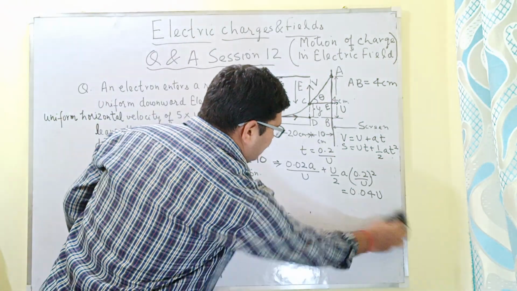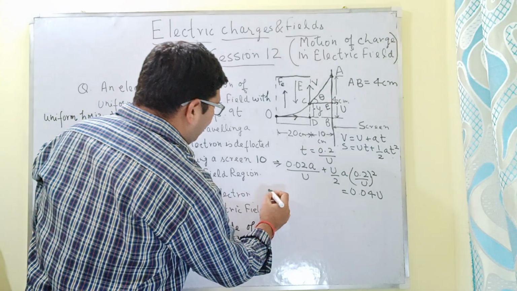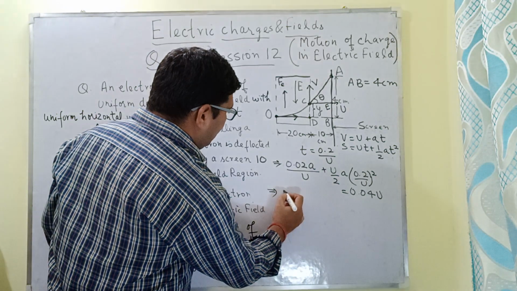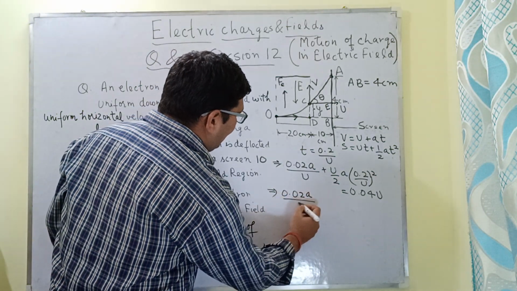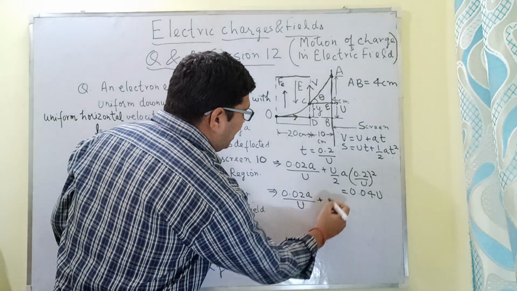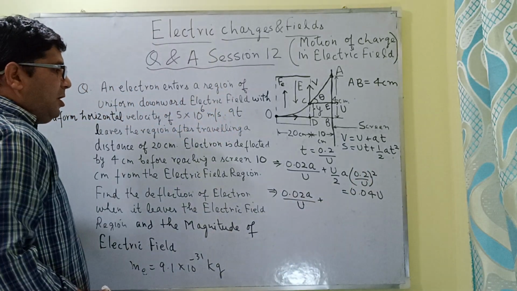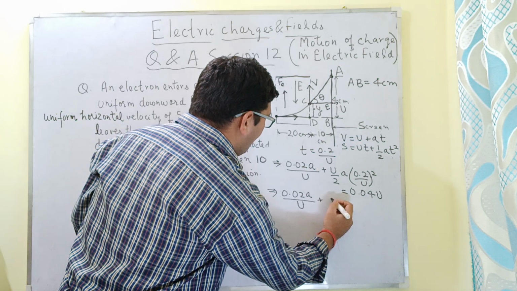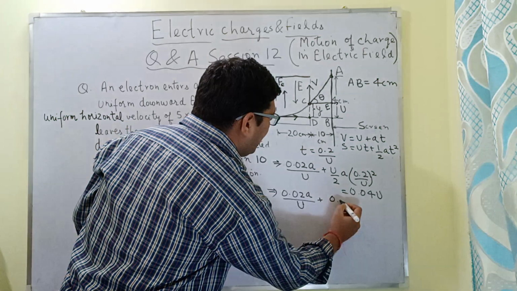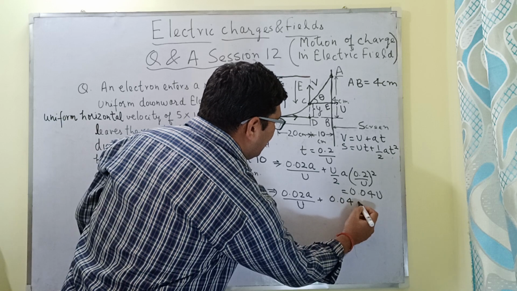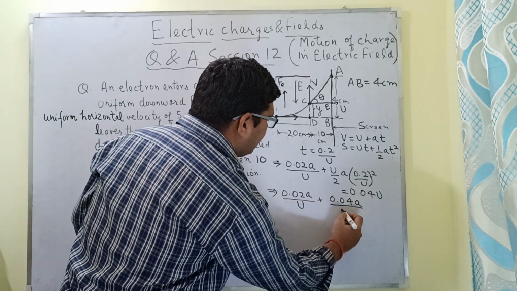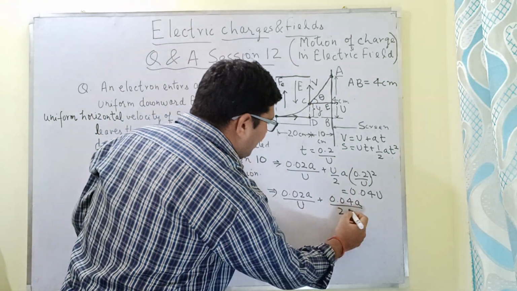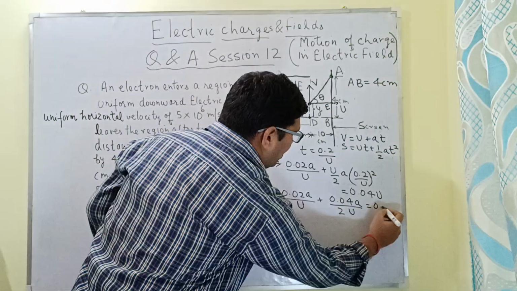So now it implies that अगर हम इसको solve करेंगे इस equation को, then I will be getting 0.02 a divided by u plus 0.04 a divided by 2 into u square, and this one u will get cancelled out, and this is equal to 0.04 u.